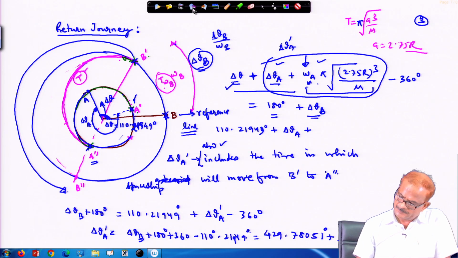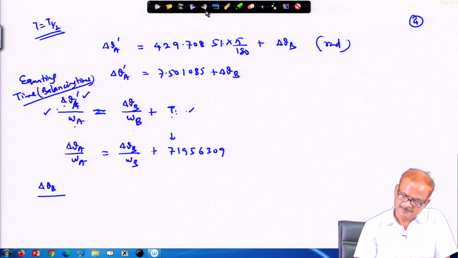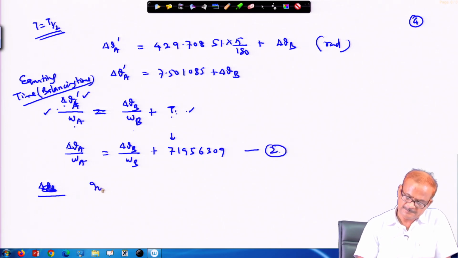So, we can utilize the previous information, delta theta a prime equal to this quantity. So, this is equation 1, let us say, and this we have got as equation 2. So, inserting delta theta a prime, inserting 1 into 2.